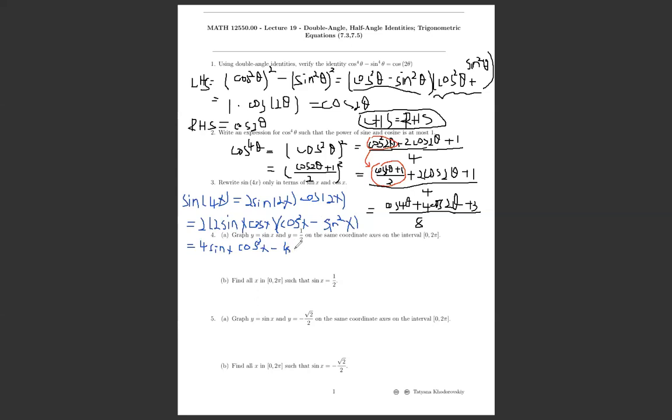So you have, right, the third cubic power of sine times cosine. Right. Any questions?